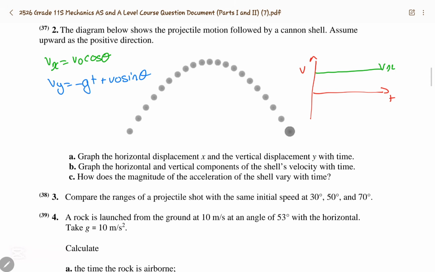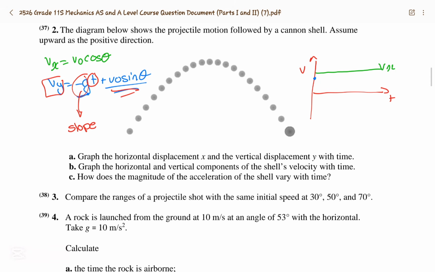So this is very important. It starts at a certain position, and look, pay attention, this is a linear graph. We have Vy equal to minus g times t plus V0 sine theta. t is the variable, so minus g is the slope, and V0 sine theta is the y-intercept.